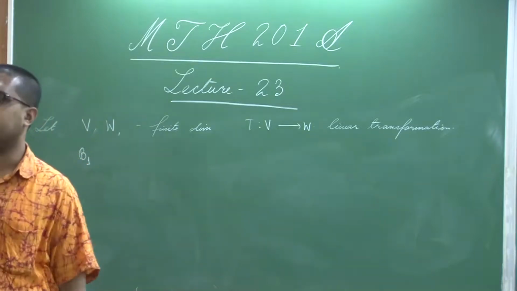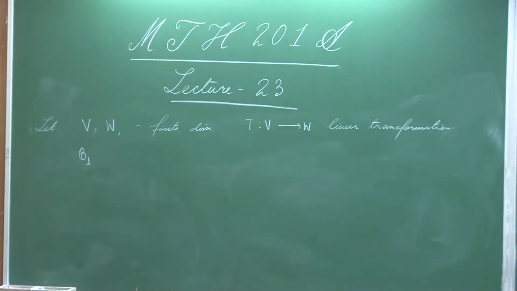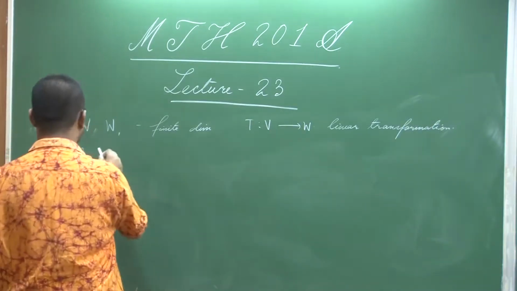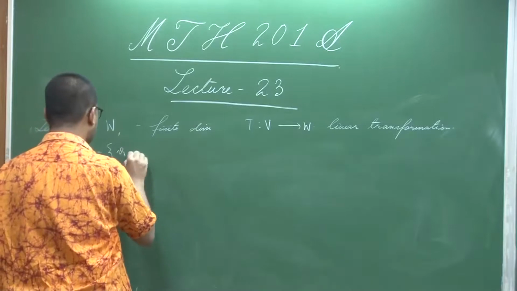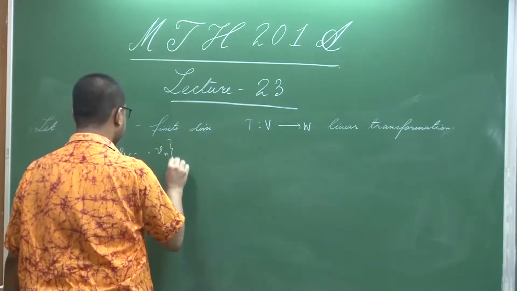Remember, an ordered basis of a vector space is a basis where the elements in the basis are arranged in a very particular order. So, let me write this as follows: V1, V2, Vn.